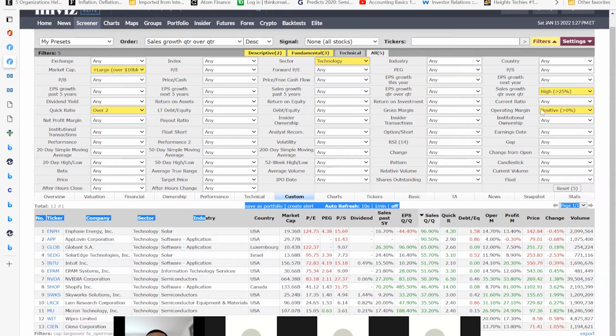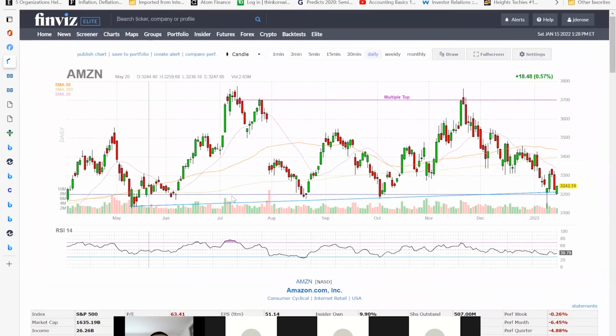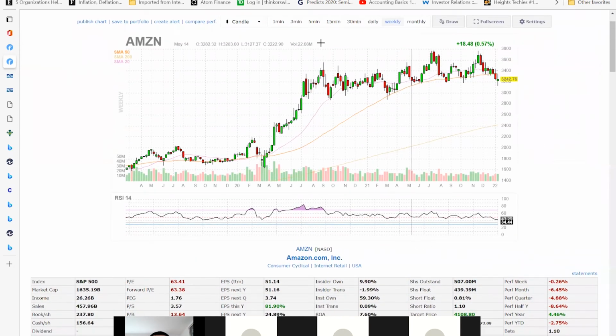In tech, price to sales and sales growth and revenue growth is everything, right? A company can be losing money for years. Amazon is a great example of that. Amazon is one of the largest companies in the world. They only became profitable like 5 or 6 years ago. So let's pull up Amazon's chart just to show you the growth while they were an unprofitable company, but they had phenomenal sales growth, right?